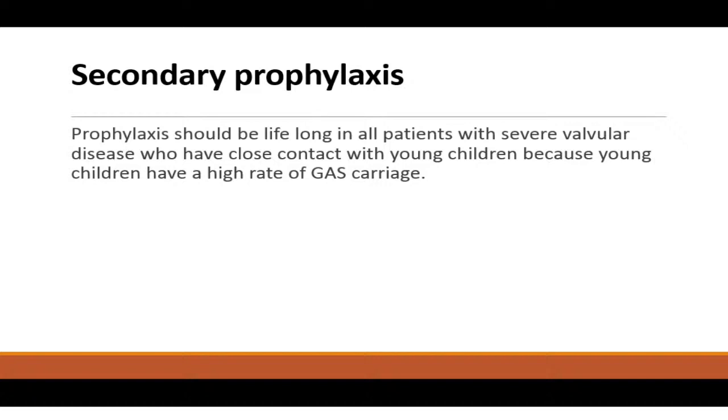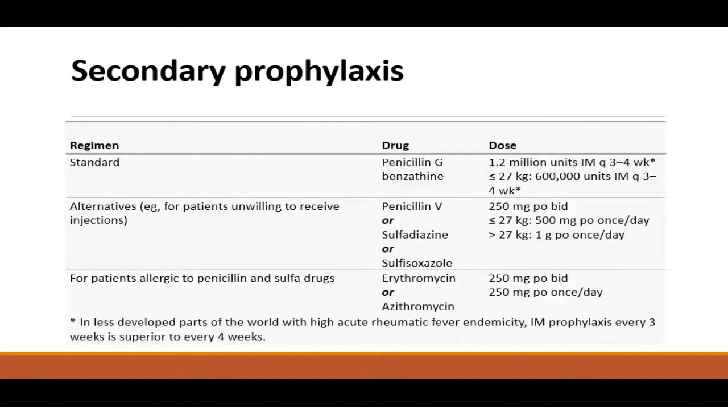So remember it. And of course, most of our patients have families, relatives with children. And if this patient has severe valvular disease, so lifelong prophylaxis this patient needs. And you must explain to the patient how necessary it is.